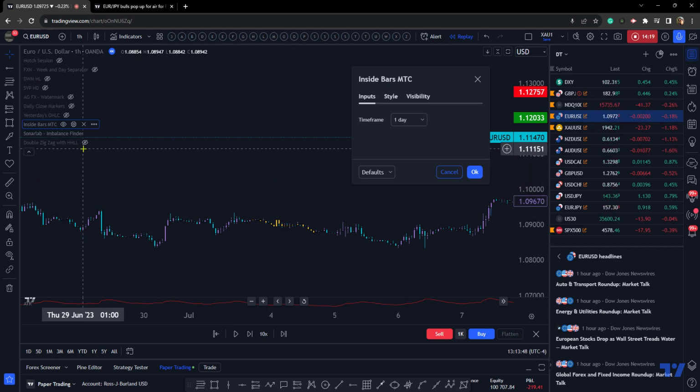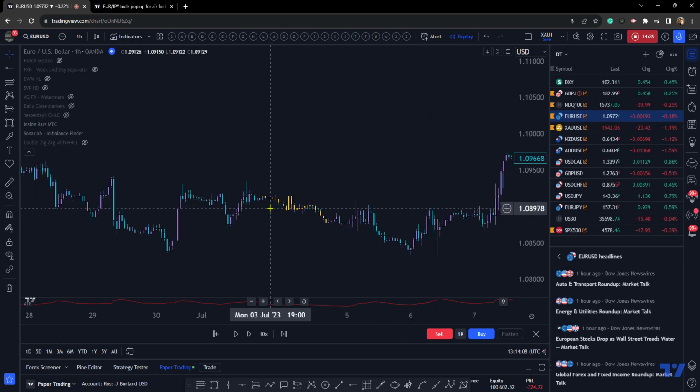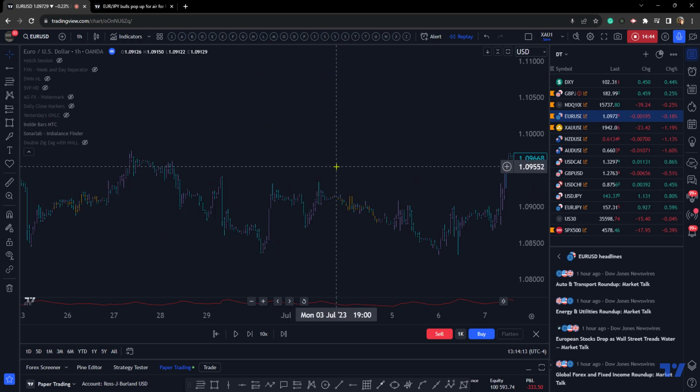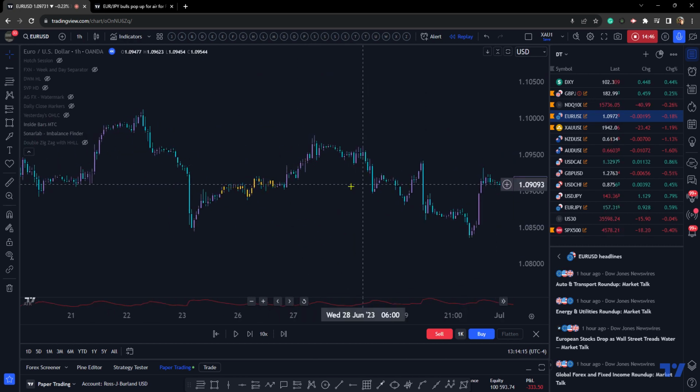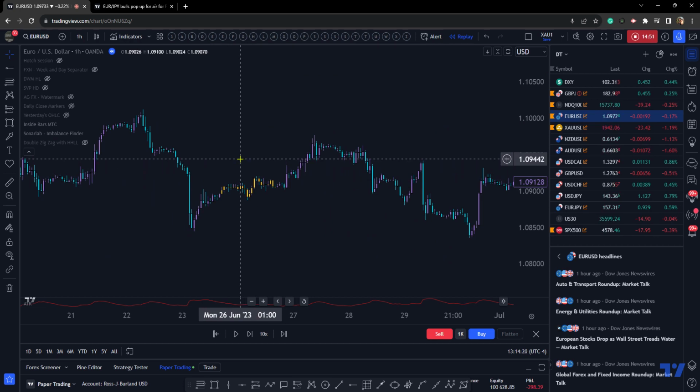So what I'm using this indicator for is for inside days, and those inside days, they tend to lead to a breakout. So it's for the purpose of a strategy. They tend to lead to a breakout one way or the other, and you can catch parabolic moves by knowing where the inside day is, especially if it's, say, at the start of the week.